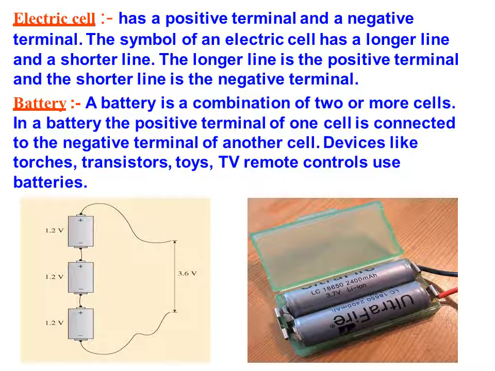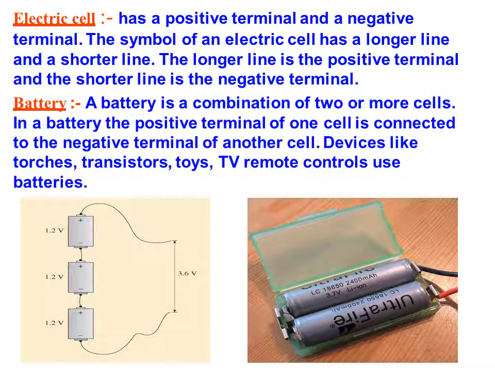And what do we mean by a battery? A battery is the combination of two or more cells. An electric cell is single, with a positive and negative terminal, but a battery is the combination of two or more cells. In a battery, the positive terminal of one cell is connected to the negative terminal of another cell. We can see in the figure, the positive terminal of the lower cell is connected to the negative terminal of another cell.